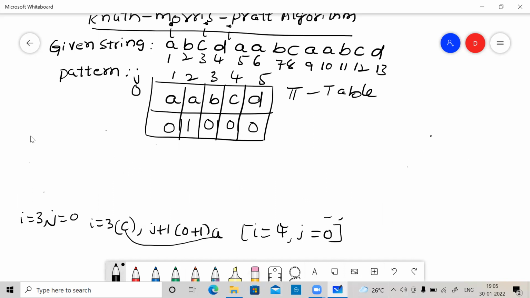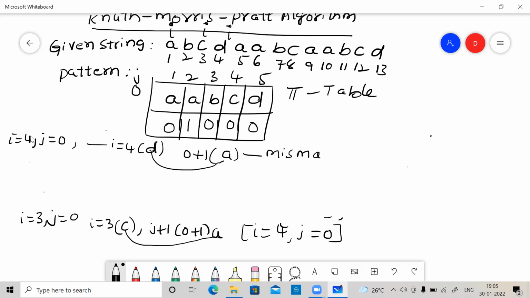Okay. Now i is equal to 4 and j is equal to 0. You can see here at i equal to 4, you will have D. At j plus 1, 0 plus 1, which gives A. So both values are again not the same, a mismatch. If there is a mismatch, what do we need to do?